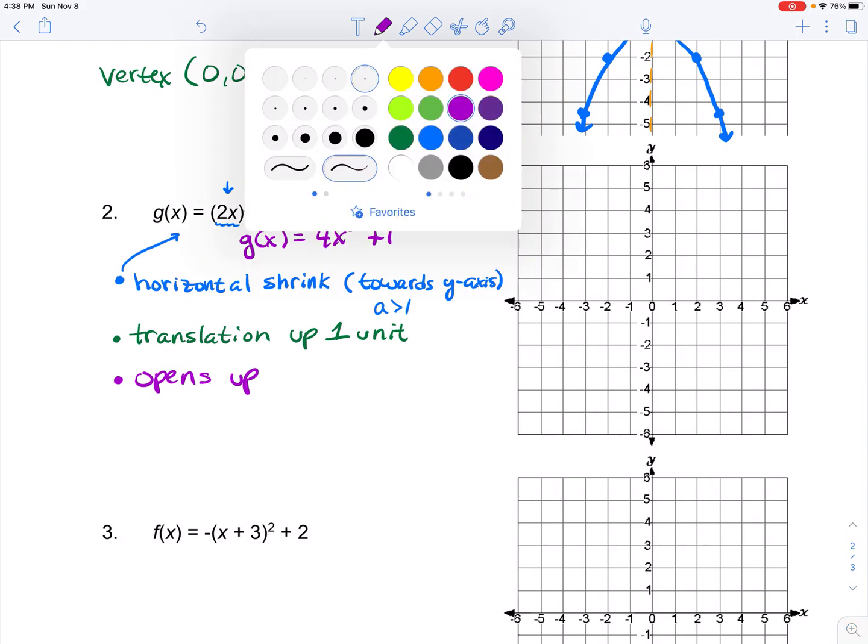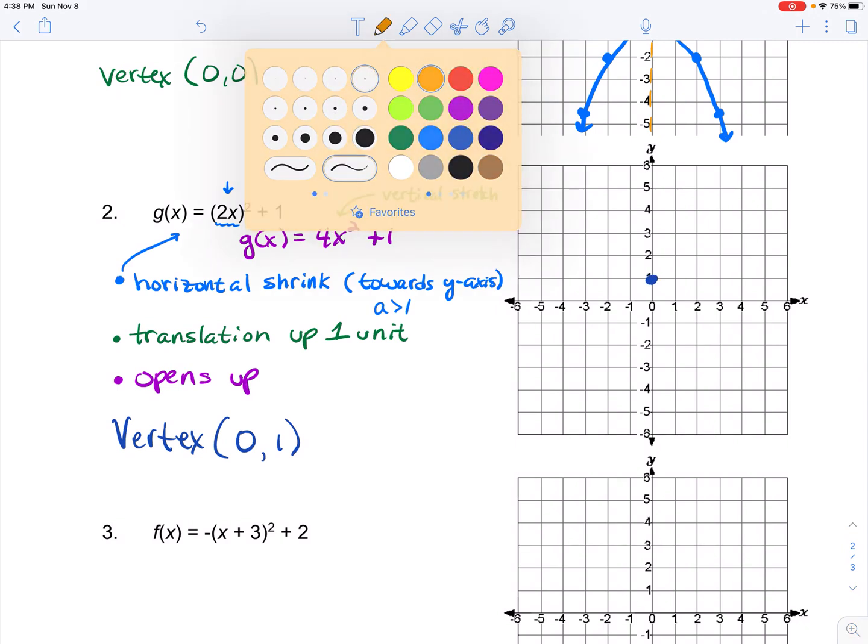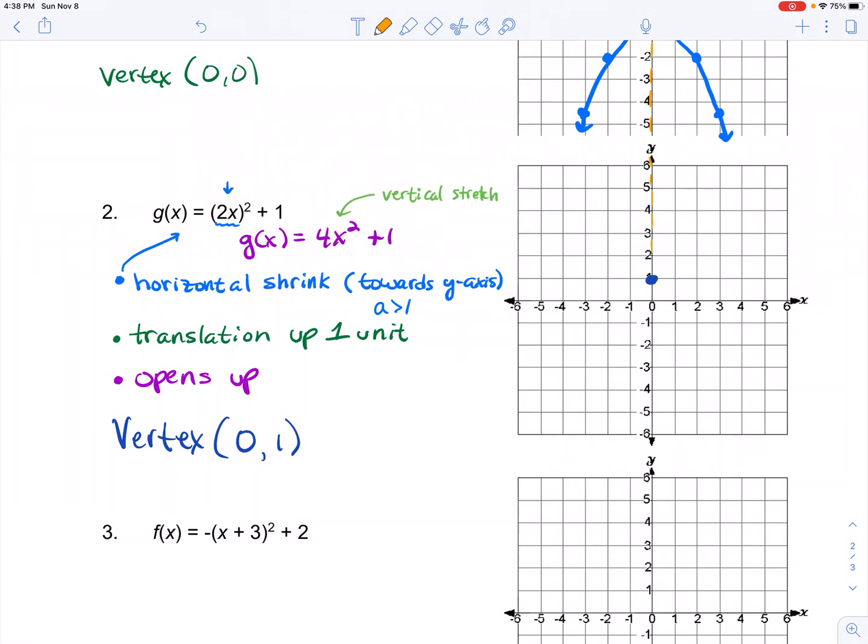And then our vertex, that's our h, k. Well, we don't have an h, so that's 0. And our k, that's the plus 1. That's our vertex. Starting with the vertex, I always put in my axis of symmetry, or as you might call it, AOS.